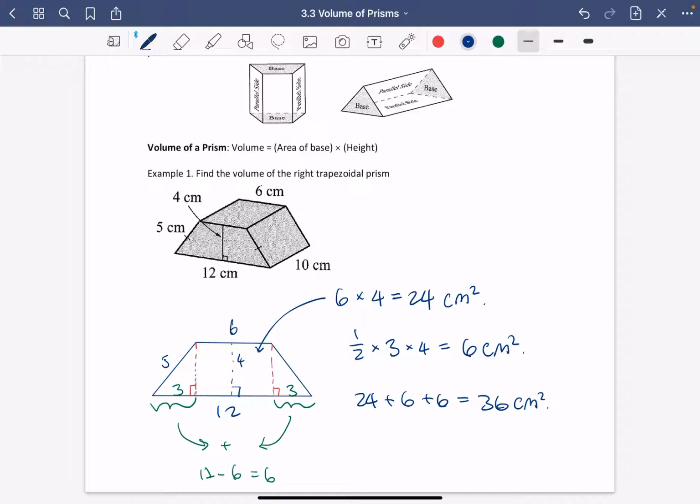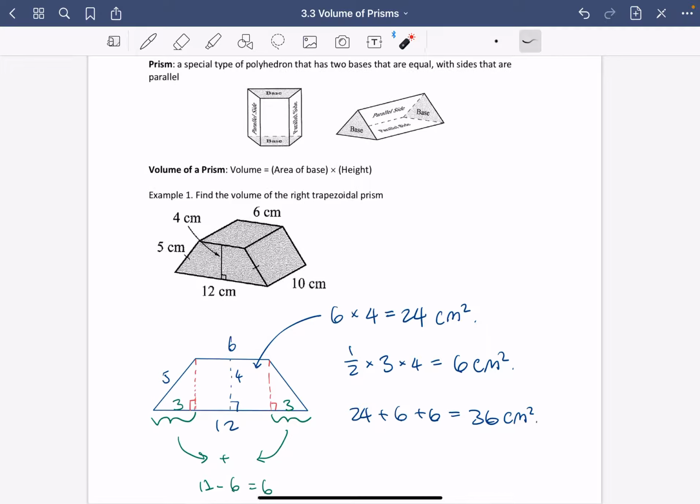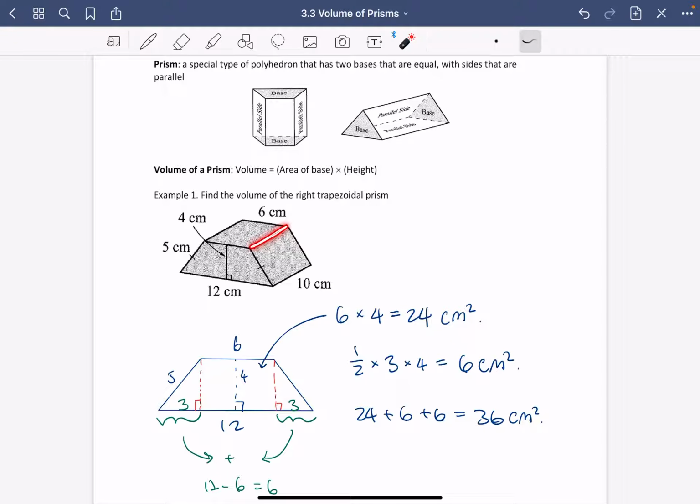We just want to find the volume by multiplying the area of the base by the height. What's the height? Height is how much it will take that base to stack up. So the height here will be this length, which is 10.